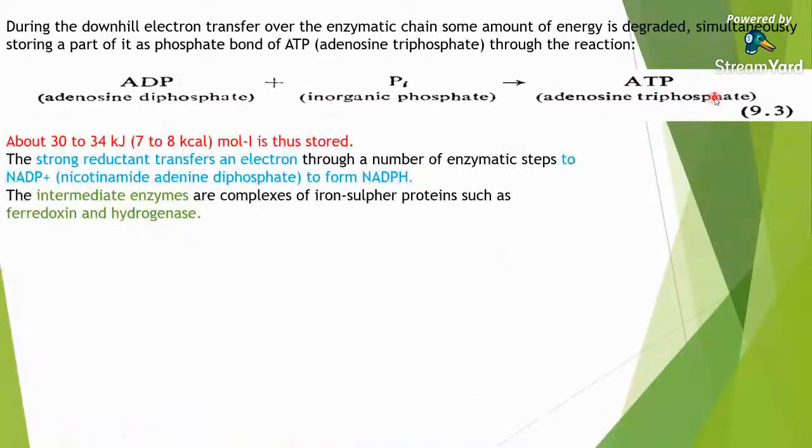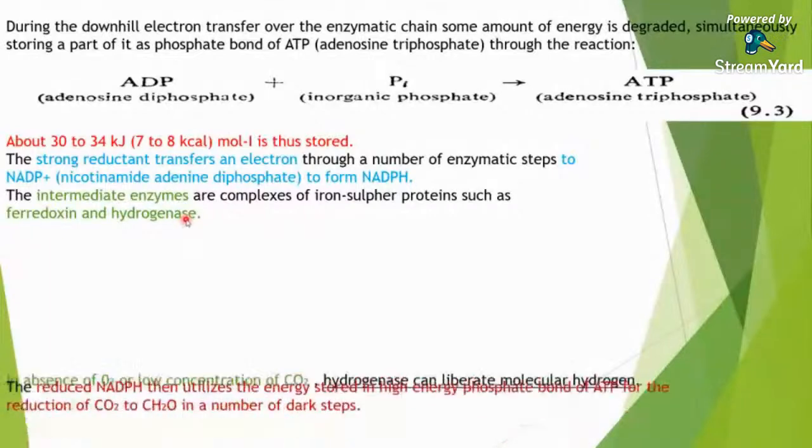About 30 to 34 kilojoule per mole of energy is stored. The strong reductant transfers an electron through a number of enzymatic steps to NADP to form NADPH, and the intermediate enzymes are complexes of iron-sulfur proteins such as ferredoxin and hydrogenase.